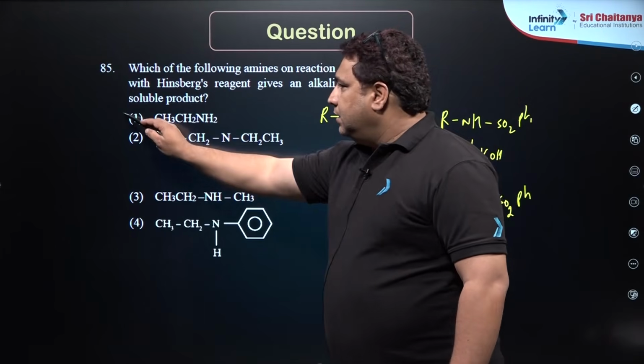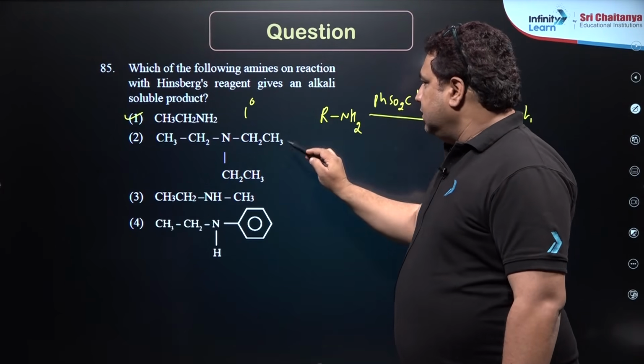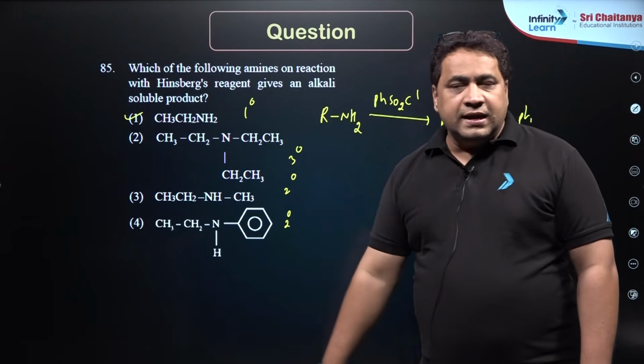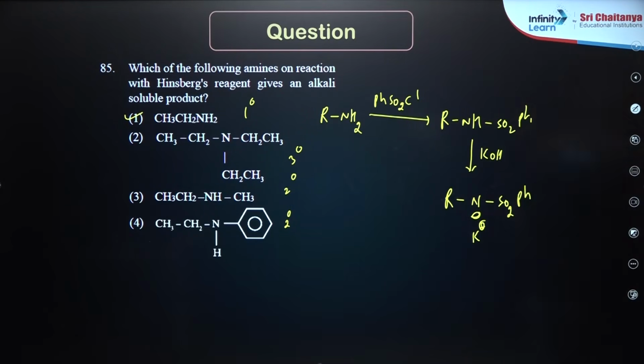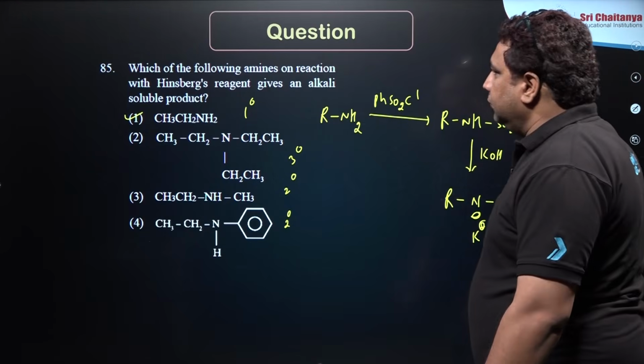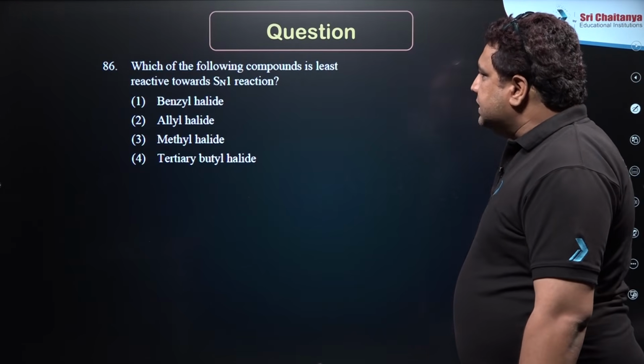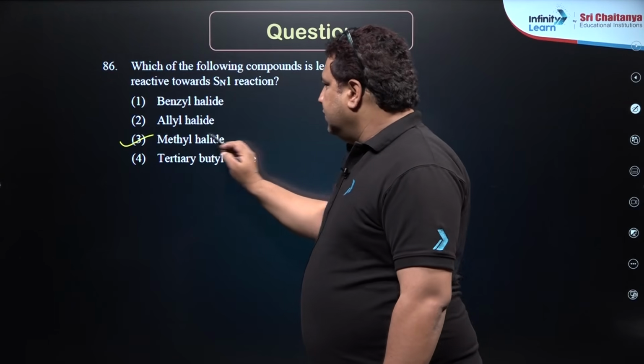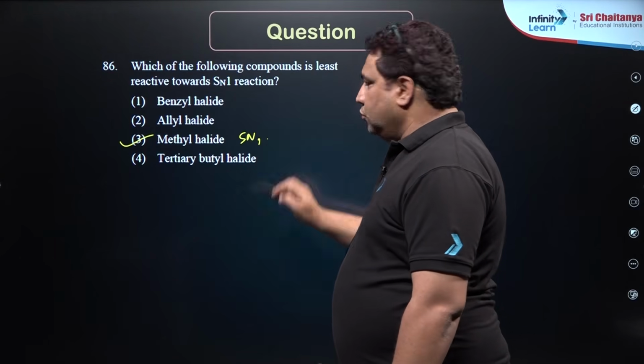So hence it should be a primary amine. This is primary amine, this is tertiary amine, this is secondary amine, this is secondary amine. So indirectly he is talking about which amine? Primary amine he is talking about. Okay. Next, which of the following compounds is least reactive in SN1? So obviously methyl halides, very famous for SN2.